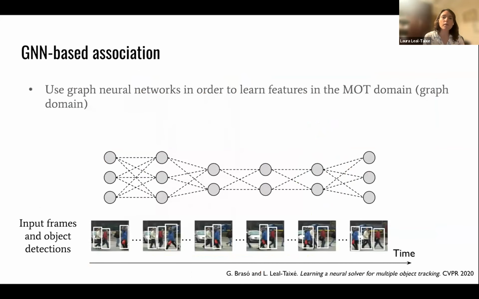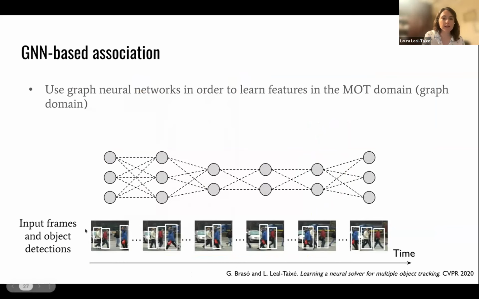And there's so much more that we can do, maybe unsurprisingly, using graph neural networks, right? So now that we know how to cast the MOT problem into a graph, we can use graph neural networks in order to learn features directly in the MOT domain.